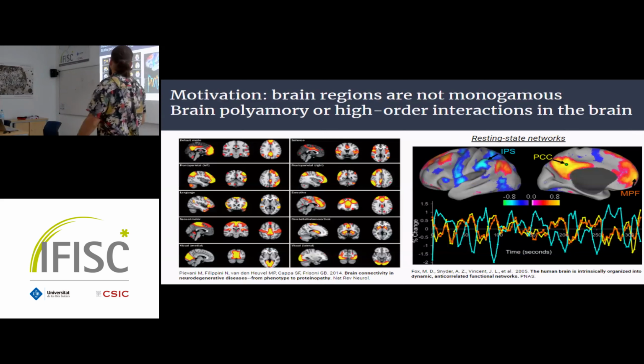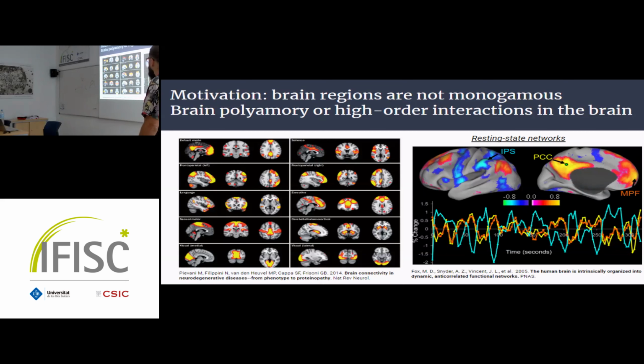And the main motivation here, I make the analogy with monogamy and polyamory: the brain regions are not operating in a monogamous way. With that, I mean that it's not by couples that the brain system is built up. It's rather made up of high-order interactions.